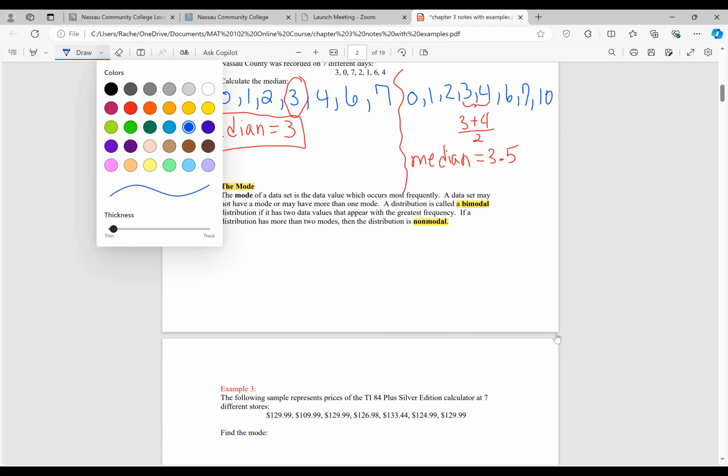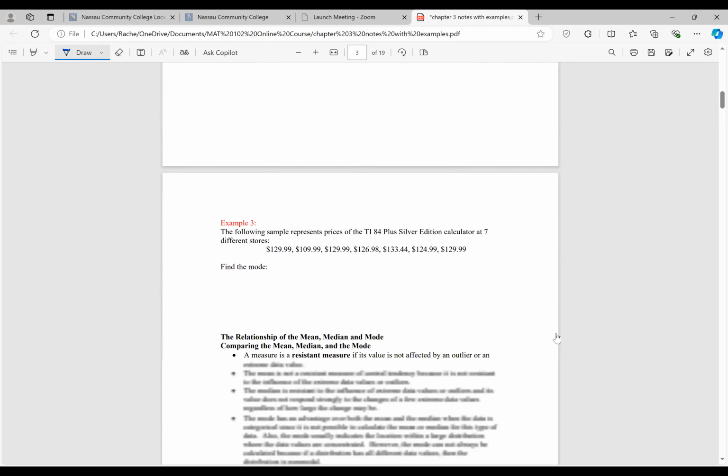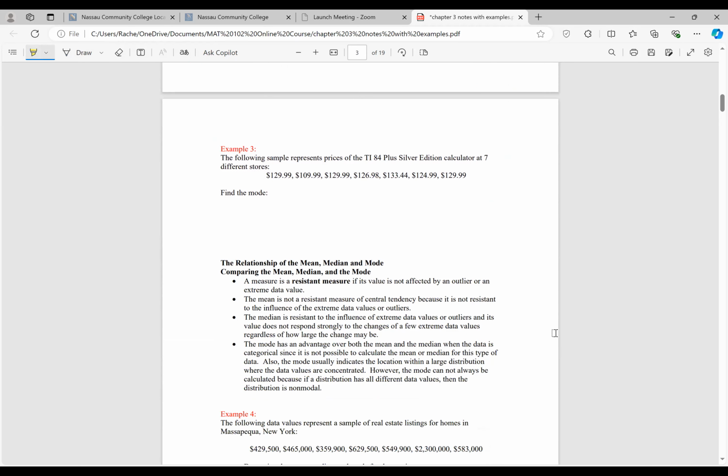So let's look at an example. Example 3 says the following sample represents prices of the TI-84 Plus Silver Edition calculator at 7 different stores. And there's the 7 different prices. I want to find the mode. And the mode is the data value that occurs the most frequently.